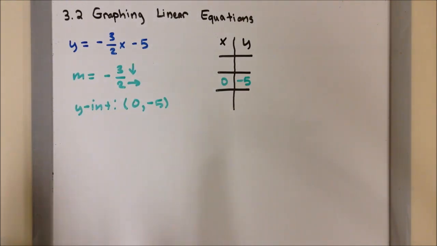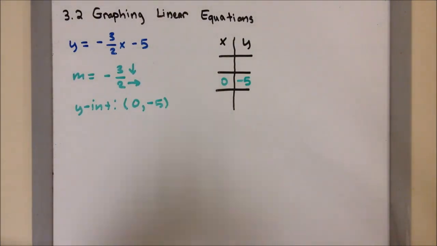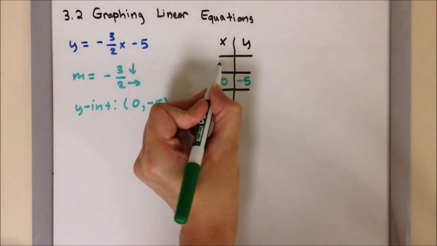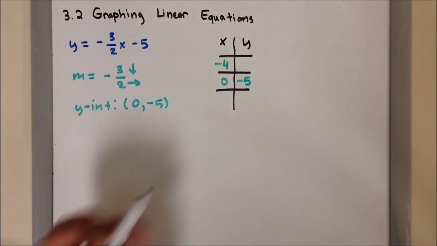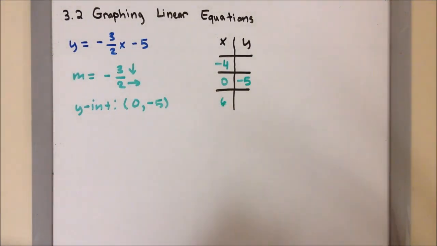But in this case, I'm going to use any numbers divisible by 2, to show you the process on how to work with these fractions. One number that's divisible by 2 from the negative side is -4. One positive number that's divisible by 2 is 6. So I'm using -4 and +6.